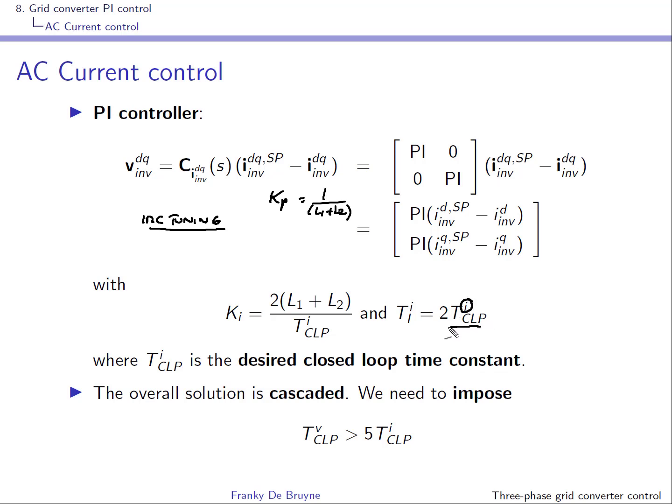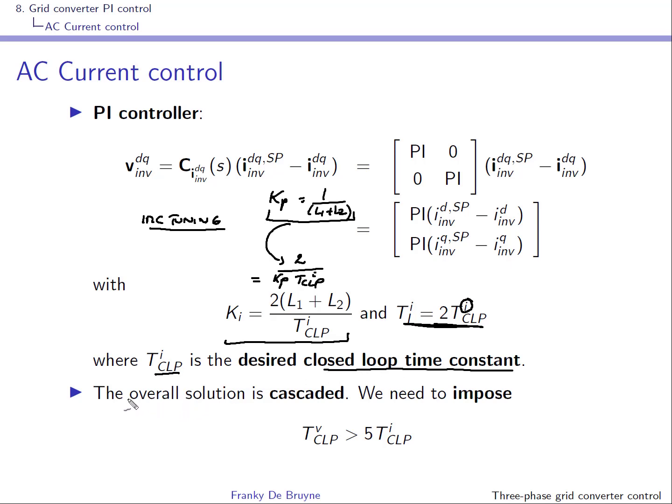This is a design parameter, and then the gain of the controller was 2 over Kp times this closed loop time constant for the current loop. If you put this one in here, indeed you obtain the parameters for the PI controller. And again, this is a design parameter.